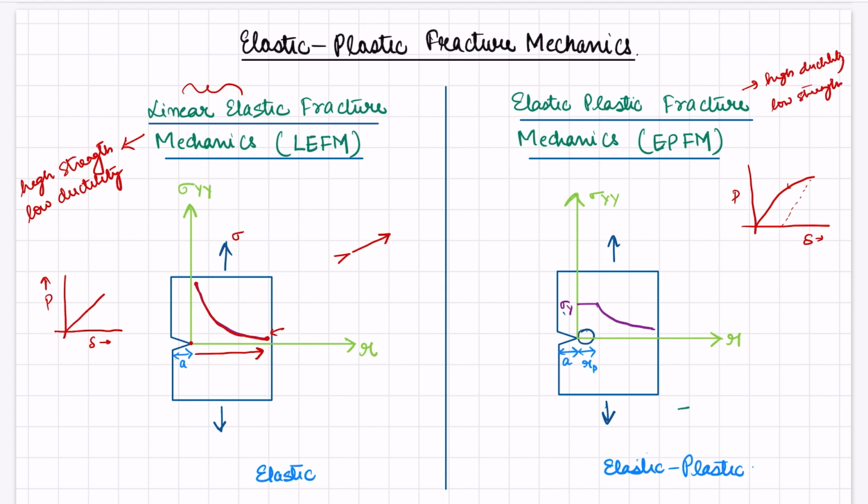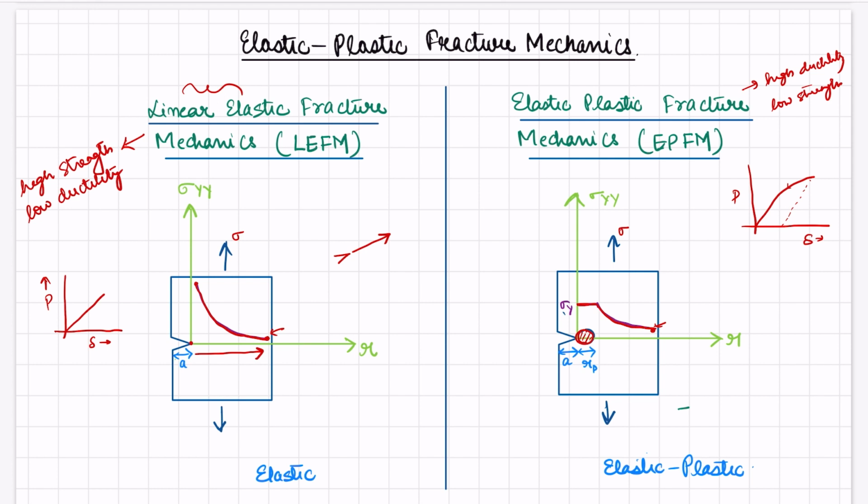They have a plastic zone at the crack tip, and because of the plastic zone, the stresses there are near the yield strength, and far away from the crack tip the stresses are the same as the stresses applied on the material. Just after the plastic zone there is a reduction in the stress level.